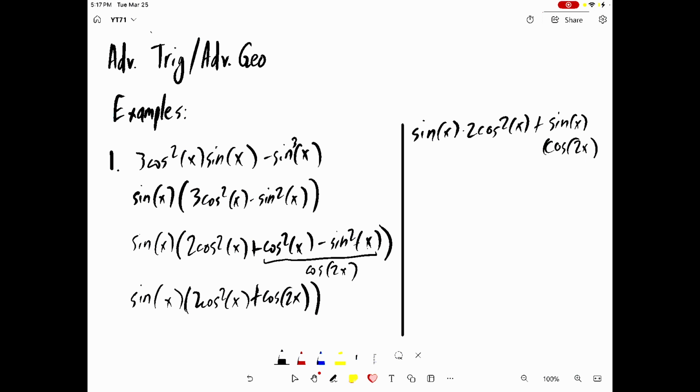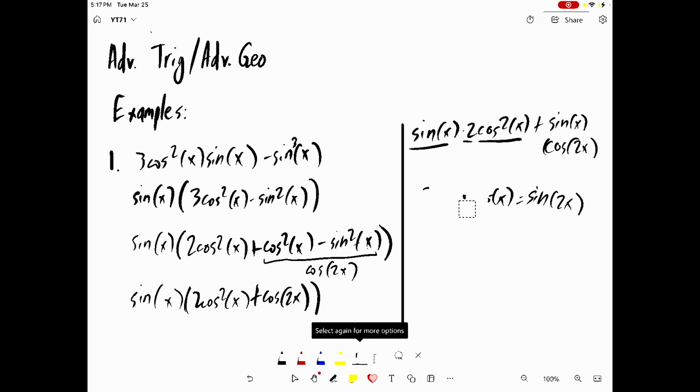So, if you look here, we have sine x and cosine x multiplied by each other, and as an added bonus, we also have 2. And 2 sine of x cosine of x is equal to sine of 2x.